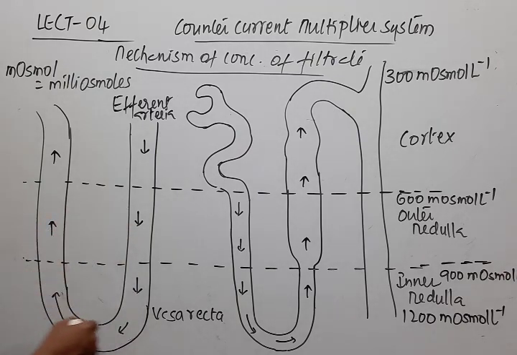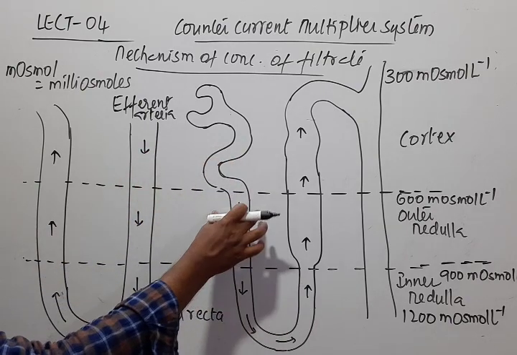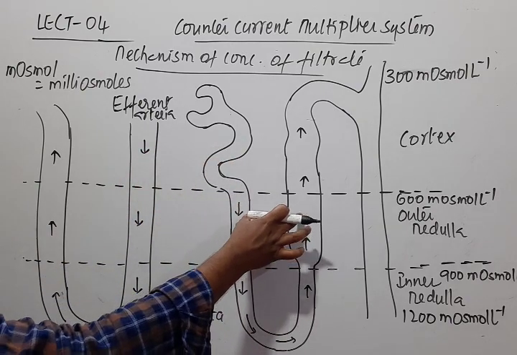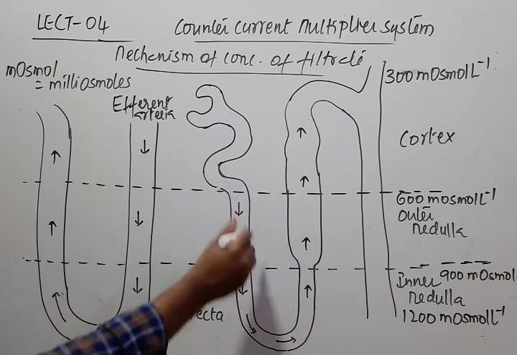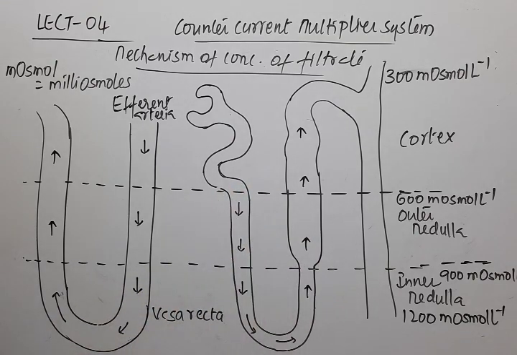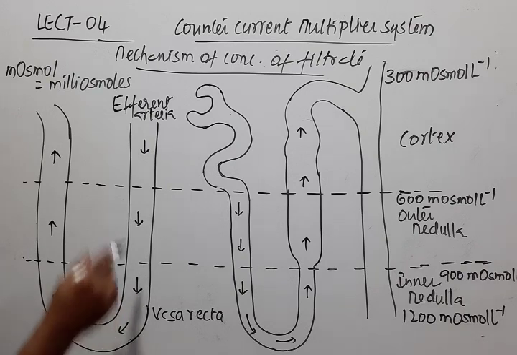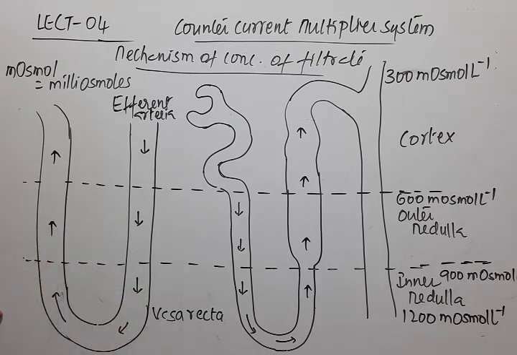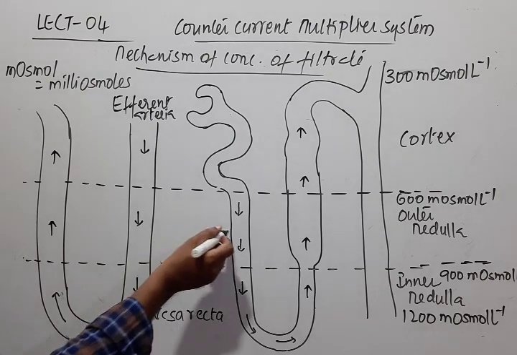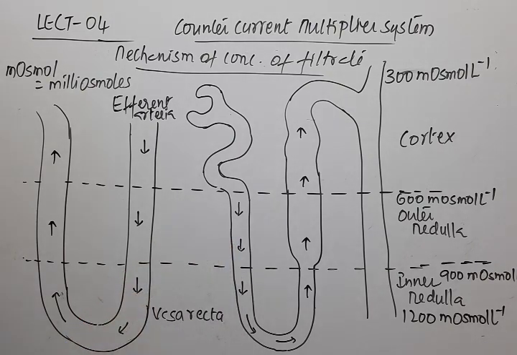So this is what we call countercurrent. In the ascending and descending limbs of the loop of Henle, the filtrate is in countercurrent, and at the same time in the vasa recta the blood is also in countercurrent. Now, how does this help in concentration of urine? We know that the descending limb of the loop of Henle is permeable to water and impermeable to solutes.